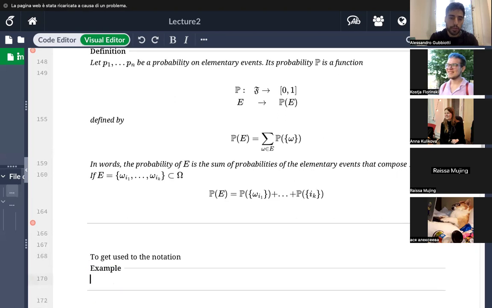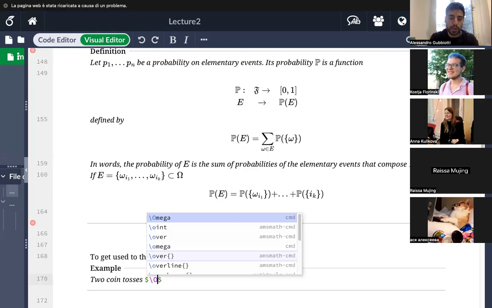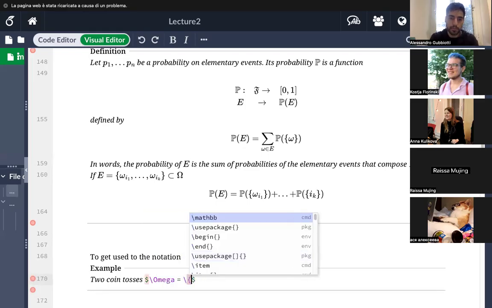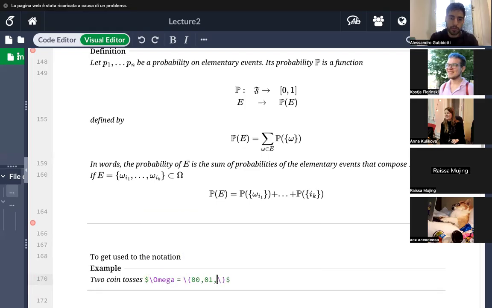If we take two coin tosses, we have the following sample space. And let's take the event E equal to the second toss gave 1.